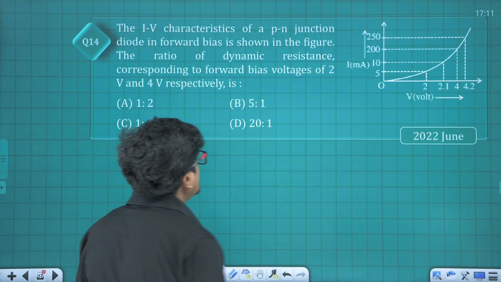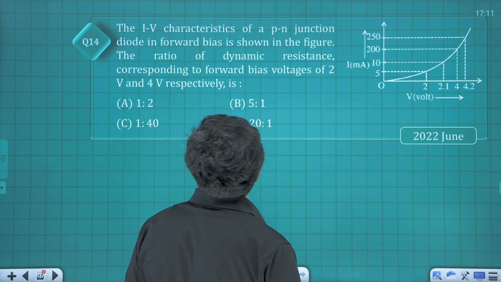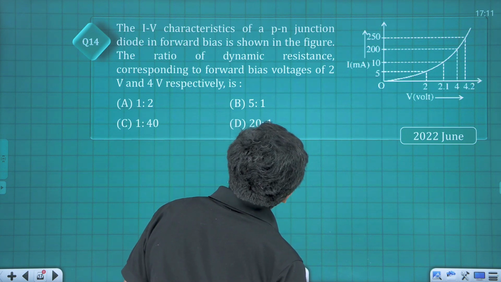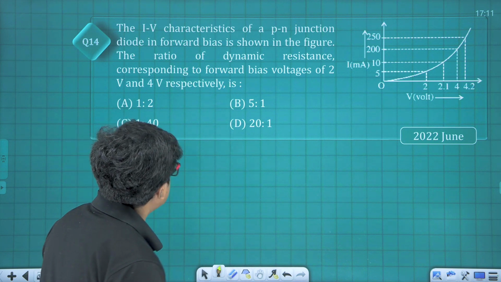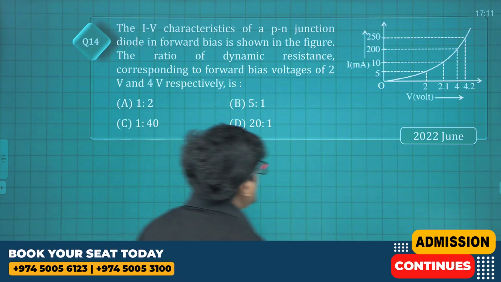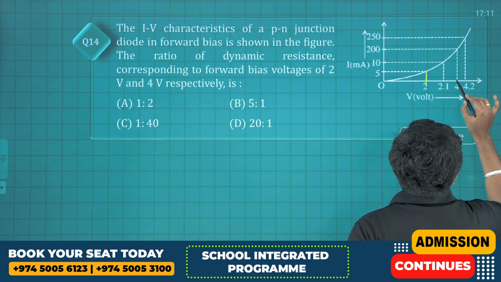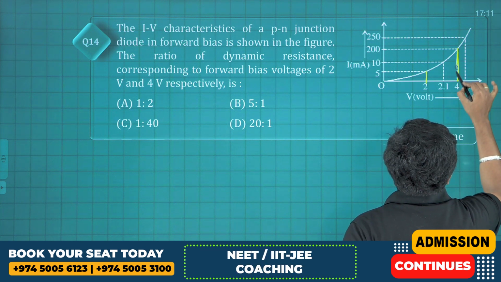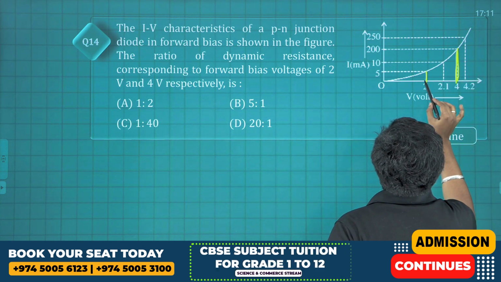Question number 14 says, the IV characteristics of a PN junction diode in forward bias is shown in the figure. Okay, the ratio of dynamic resistance corresponding to forward bias voltage of 2 volt and 4 volt is, here this is 2 volt and here this is 4 volt. So let me take the variation at 2.